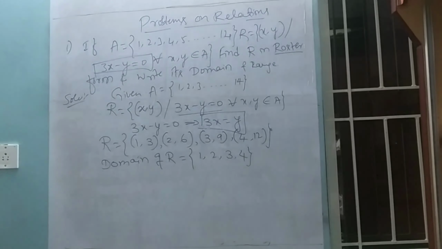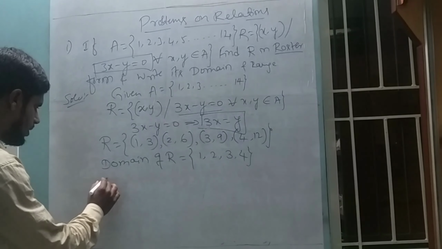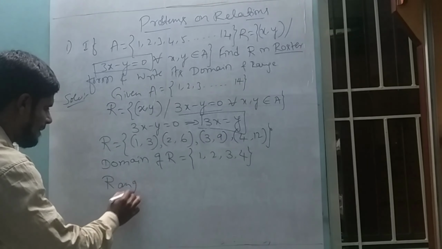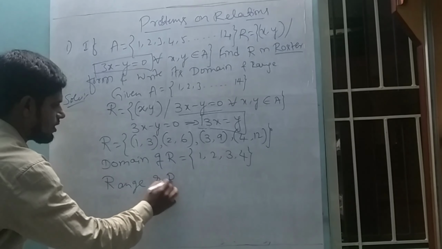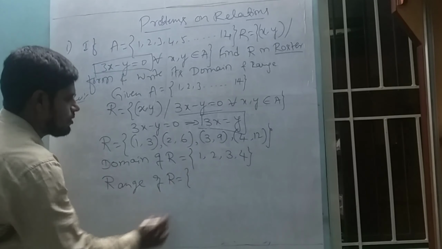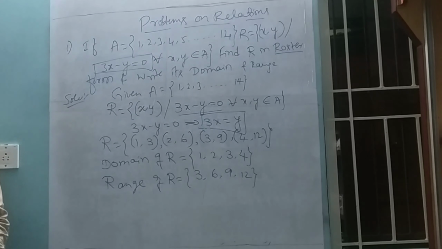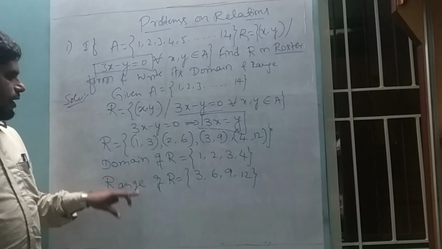This is the domain of the relation. Next, let us see the range of relation R. Second elements are called the range. That is 3, 6, 9, 12. This is how we will find the domain and range.